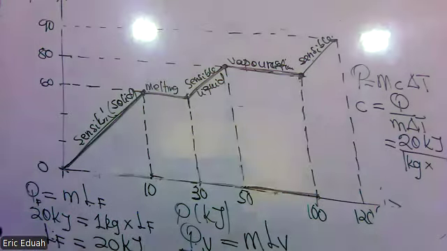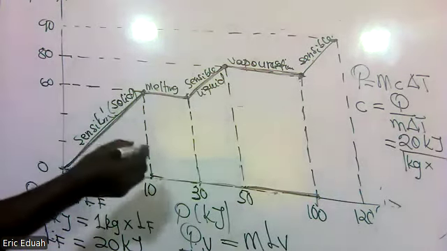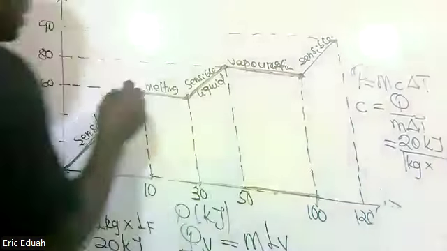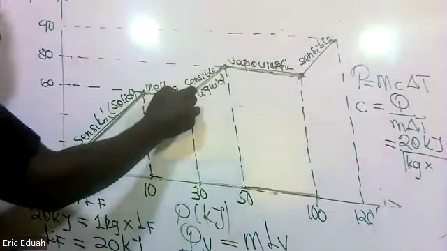So 20 kilojoules over 1 kilogram times the change in temperature. The change in temperature is from 60 to 80, so 80 minus 60, 20 degrees Celsius or Kelvin.